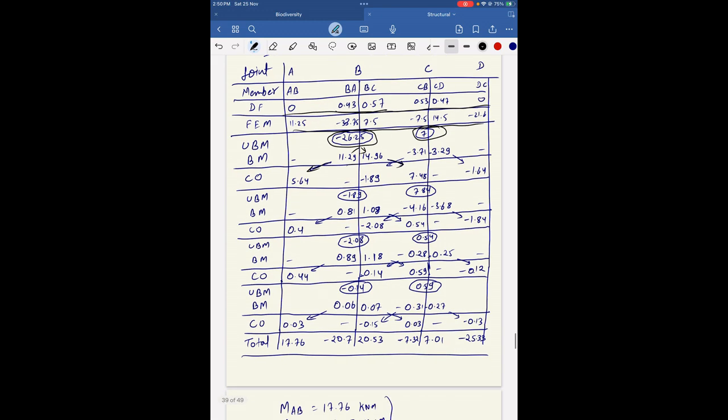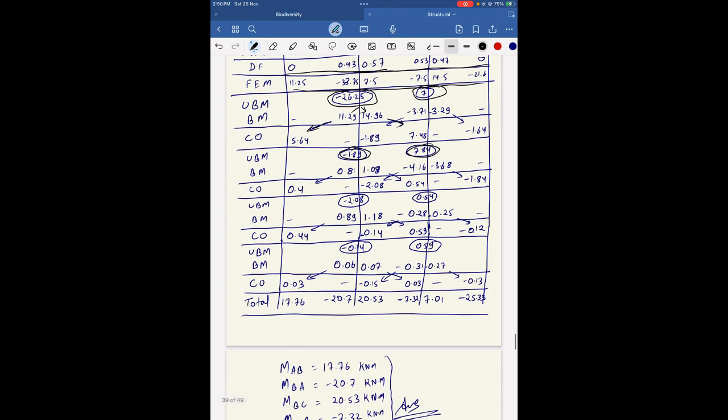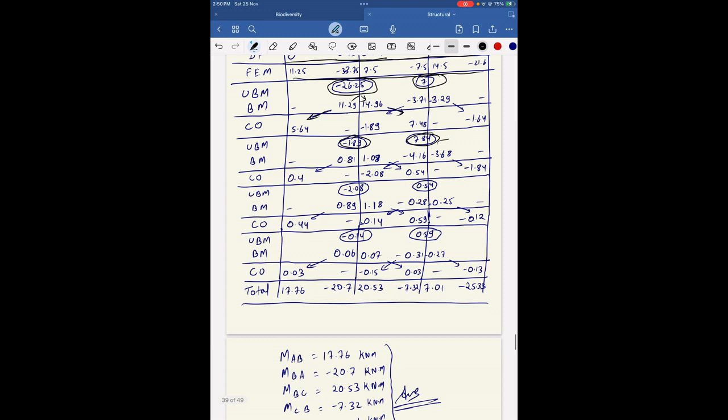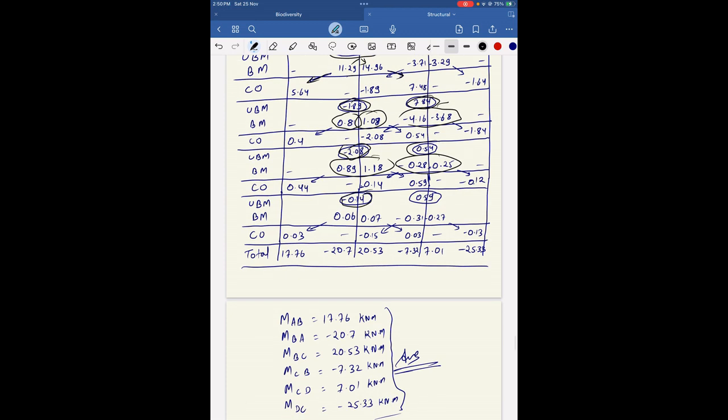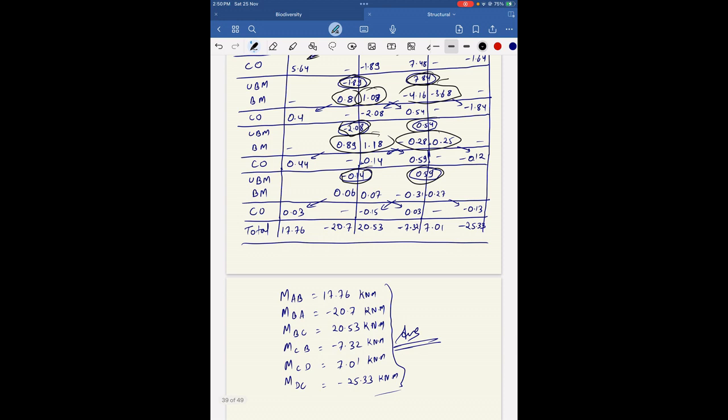And again in the second iteration the unbalanced moments come out to be 1.89 and 7.84, and again we balance the moment according to the distribution factor on each joint, and again we get the unbalanced moment, again we balance it, and after the fourth iteration the carryover moment is very small, like point something.